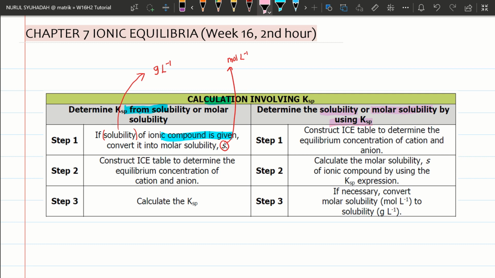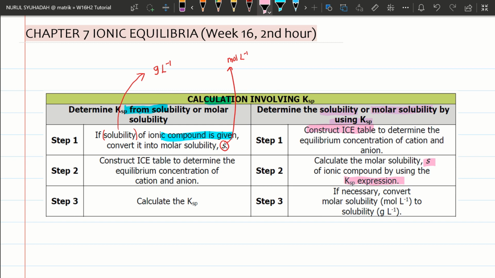Okay, bila macam ni, what you need to do is, your step 1 is construct ice table. Okay, daripada ice table, barulah kita akan kira berapa nilai S, solubility. Okay, by using information daripada KSP, dan kita akan gunakan KSP expression. Okay, so step 3 dekat sini, if necessary, convert molar solubility to solubility.